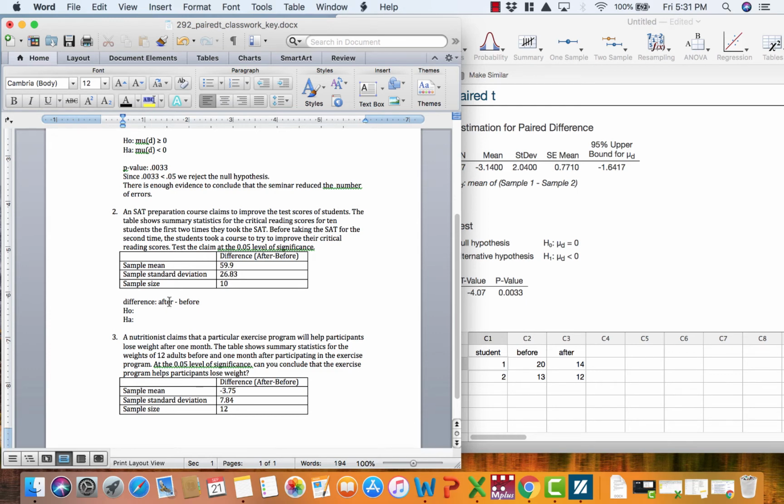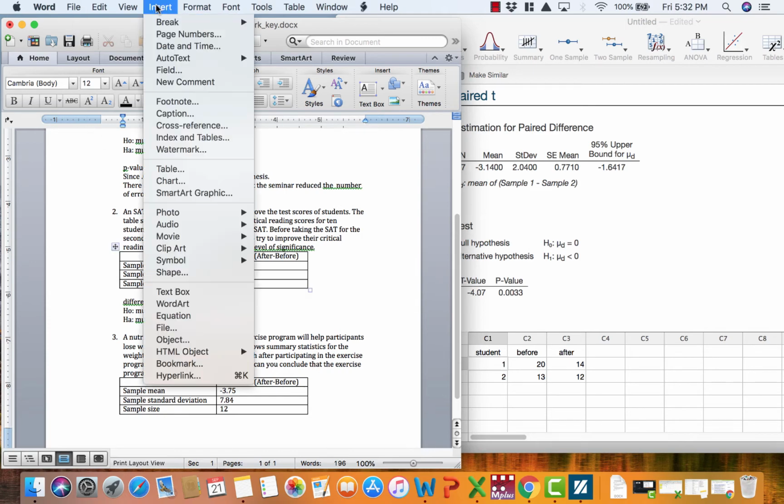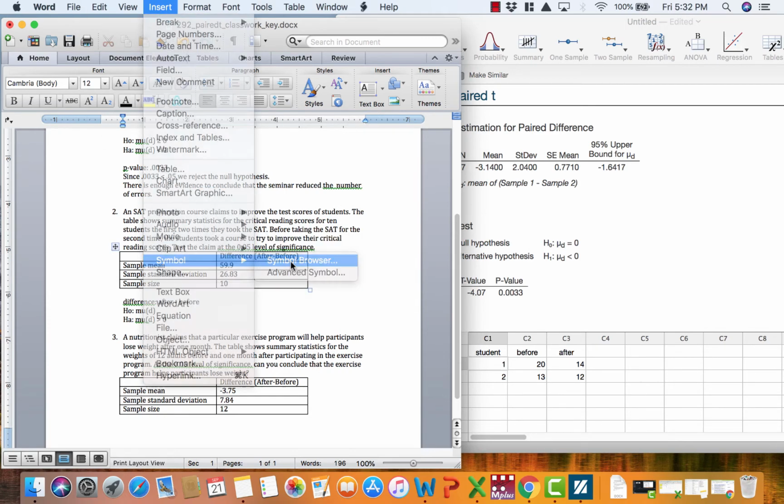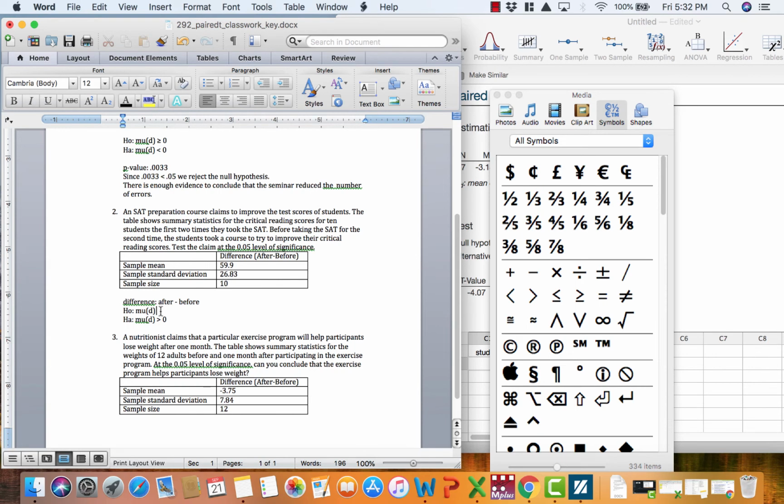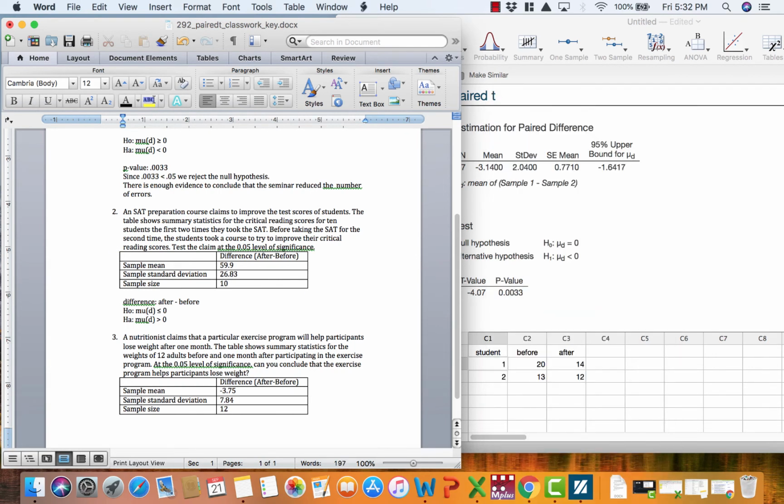Take a big number, say 5, minus a smaller number, say 3, and you get a positive number. So our alternative here is that mu d is greater than 0. That makes the null mu d less than or equal to 0.